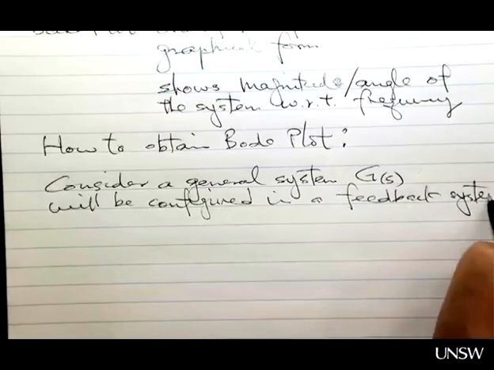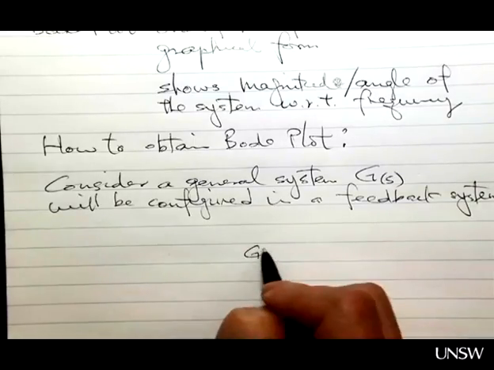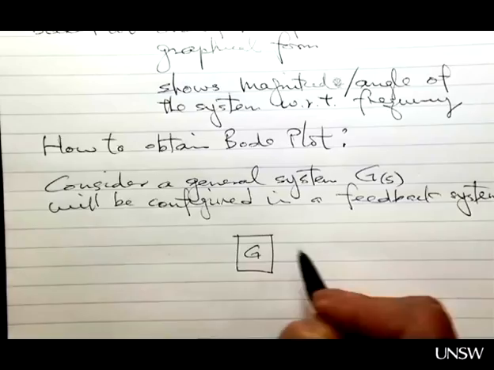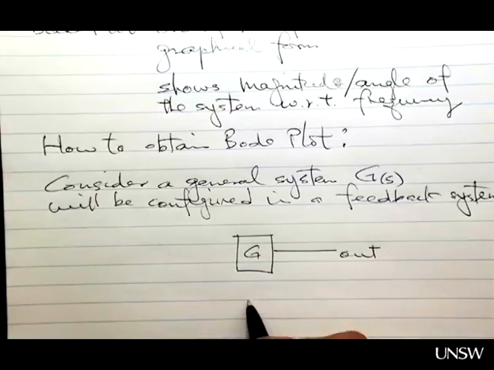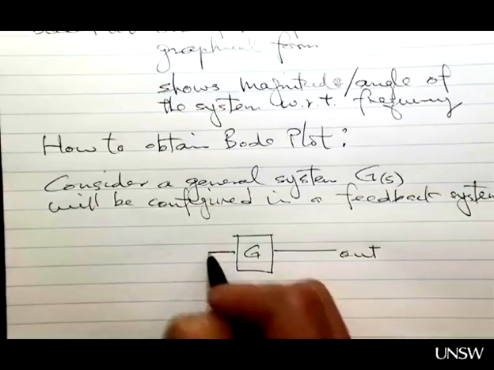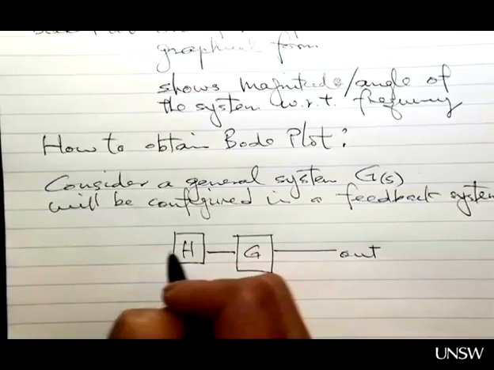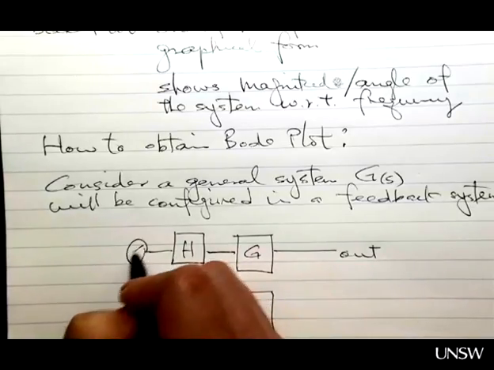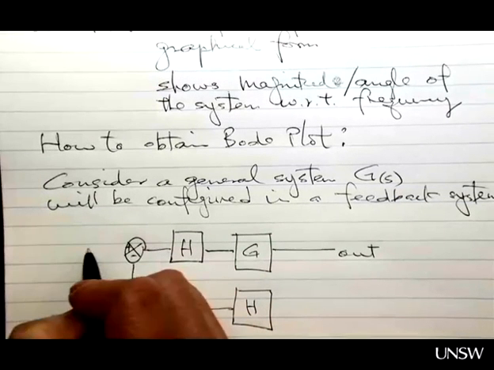So it means that we can have the G here, and then this is the output, and then we have the sensor, and then we can have another controller, and then the error summation term, and then there's another controller.